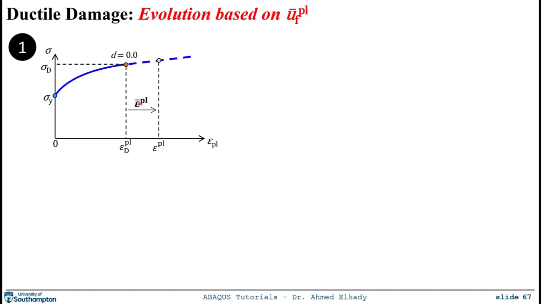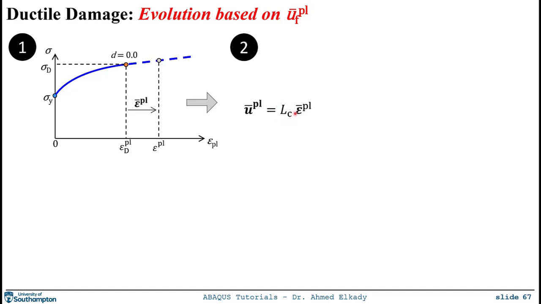This is the epsilon hat plastic over here. Once you push your material beyond the damage initiation point, you have some additional plastic strain. Abaqus will transform this plastic strain into plastic displacement. This is done by multiplying the strain with the characteristic length of your mesh element.